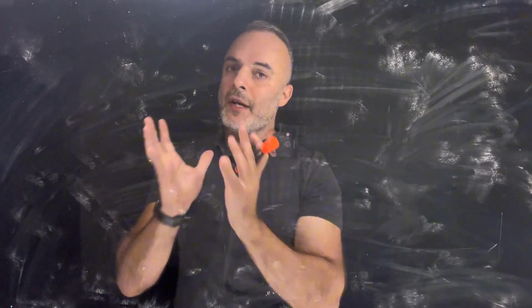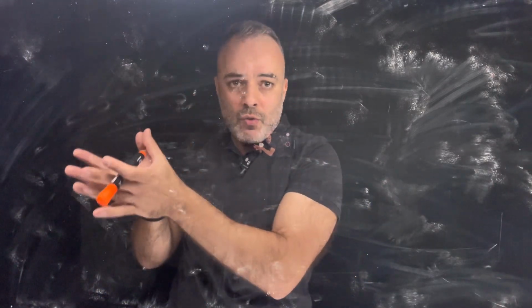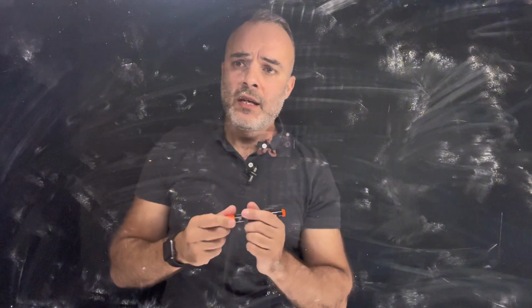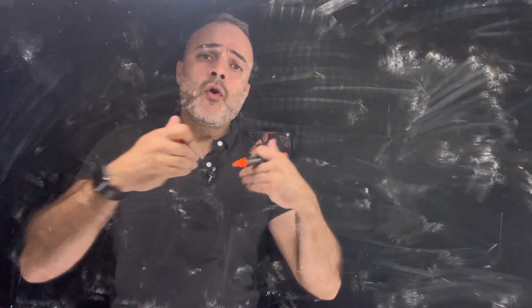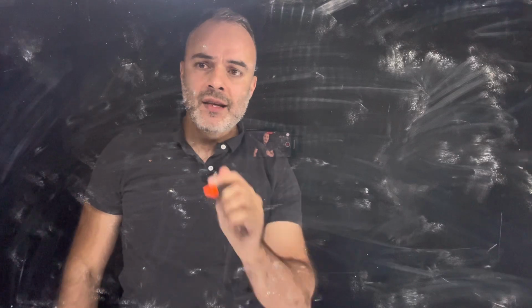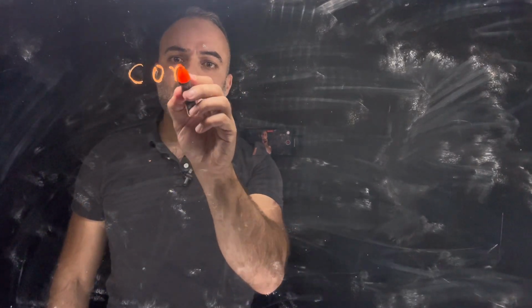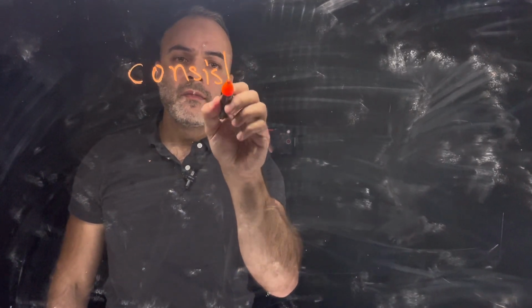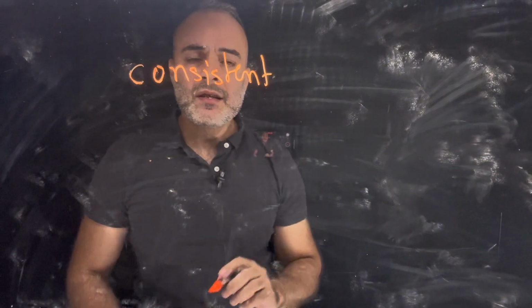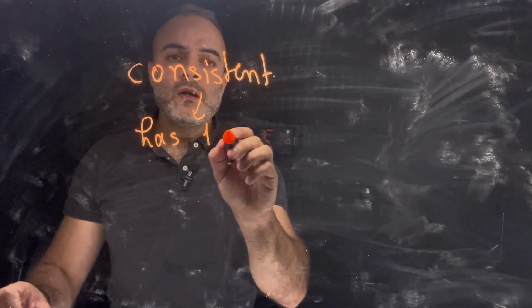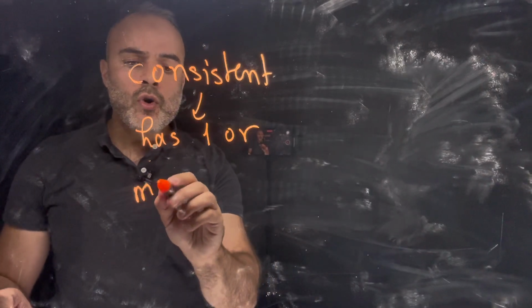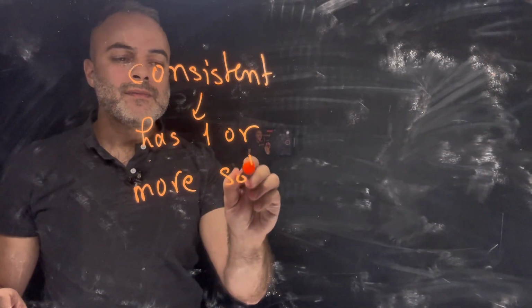But either a system does have solution or solutions or not. A system which has one or more solutions is called a consistent system. So consistent means has one or more solutions.